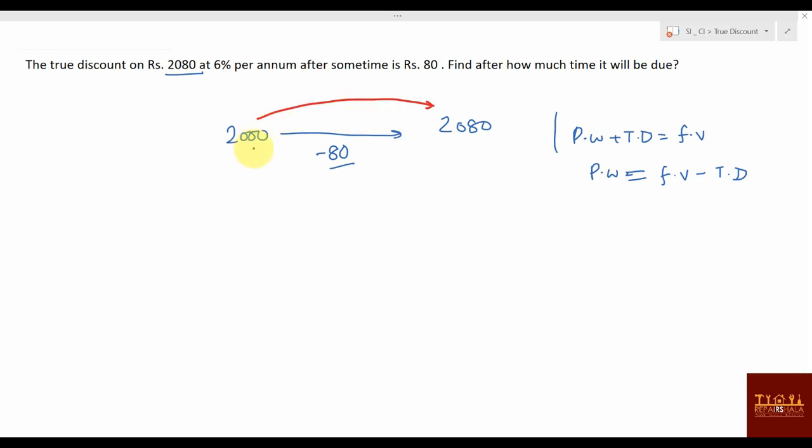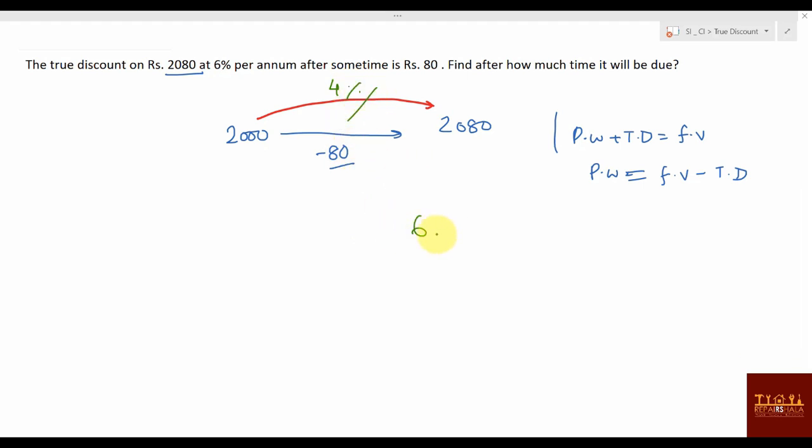You can say that if this is 100% value, 10% is 200, 1% is 20, and how much do you need? 80, meaning you need only 4%, right? You need 4%. But how much do you have? 6%. So you need only 4%, but you have 6%.